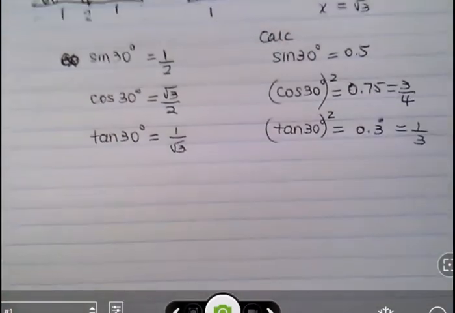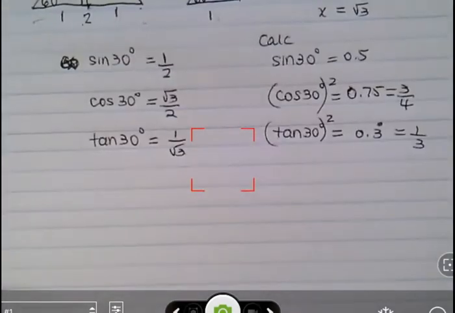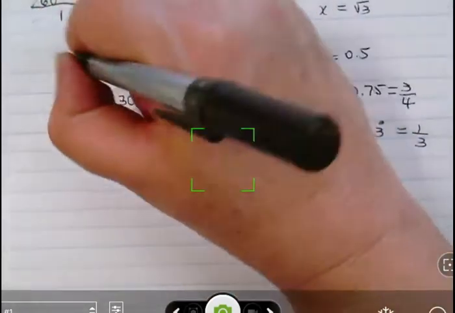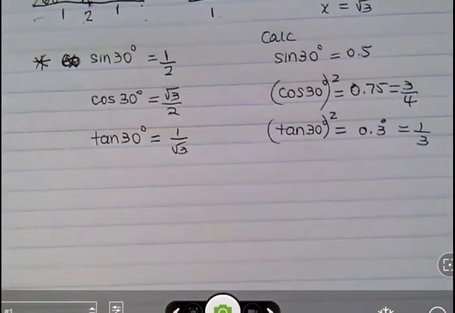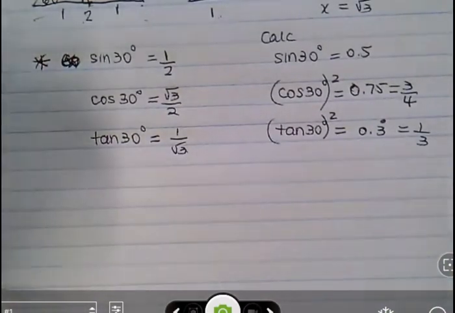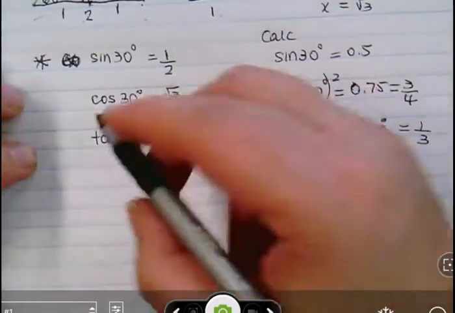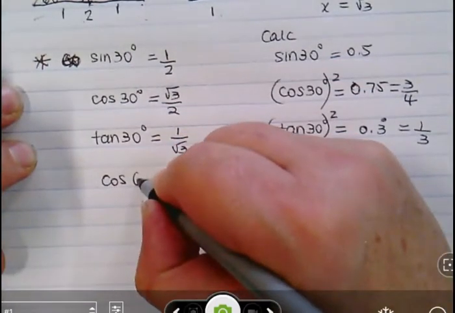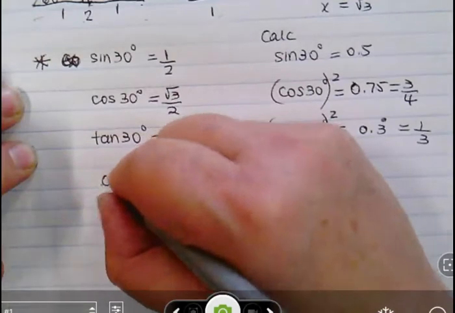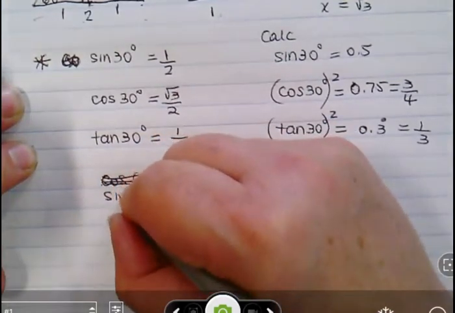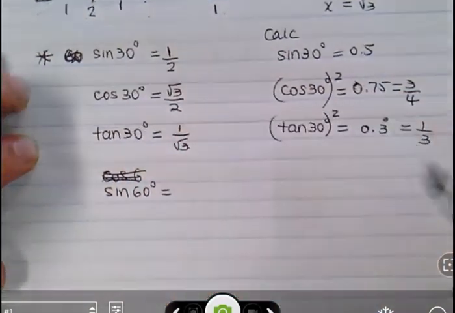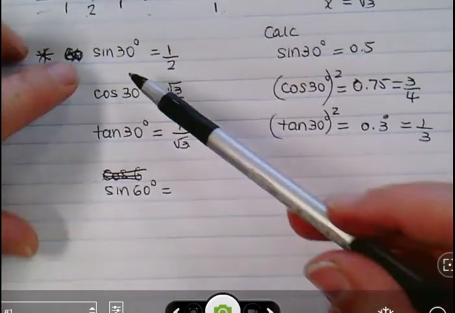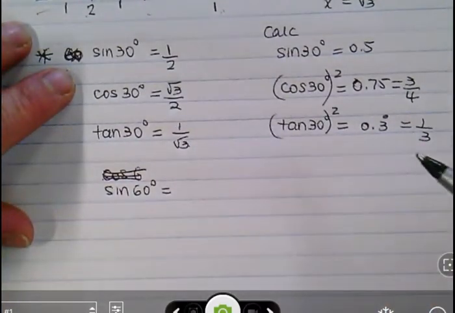Now, from what we did yesterday, which was complementary ratios, I just make sure I remember sine 30 is a half, that's the nice one. I'll do sine of 60 as well. From what we learned yesterday, doesn't sine 60 equal cos 30 because they're complementary?